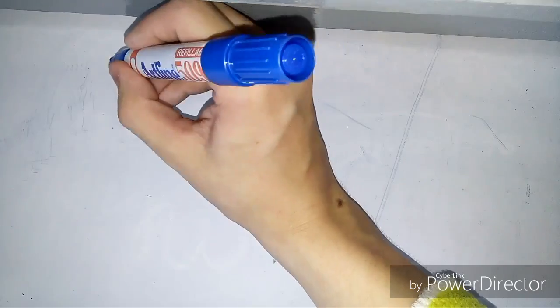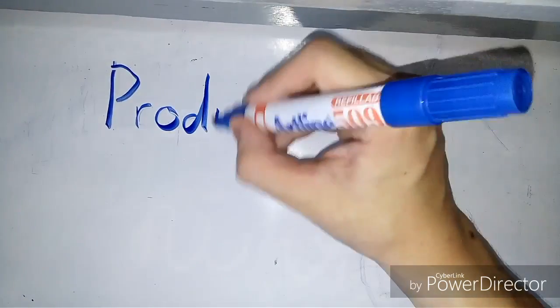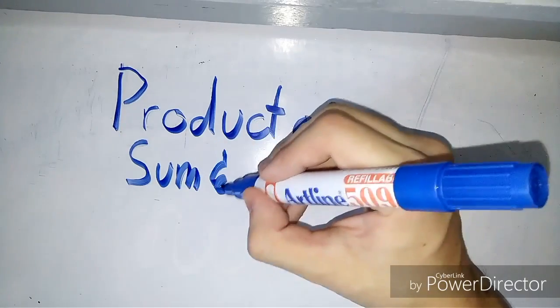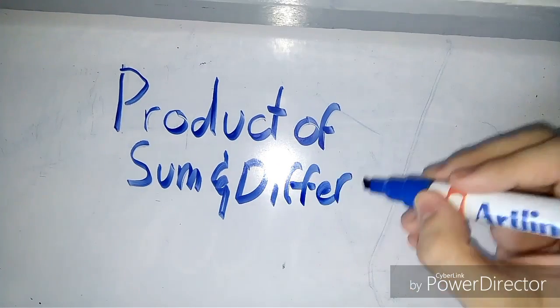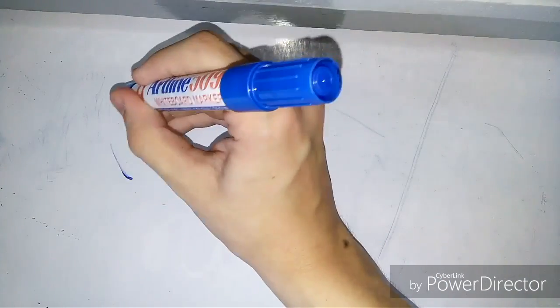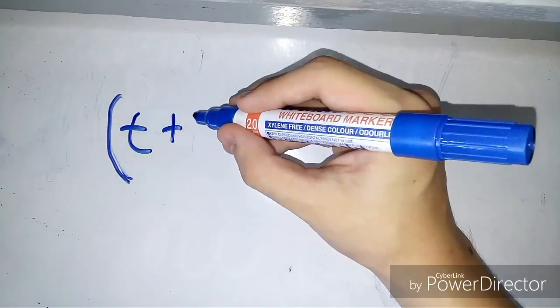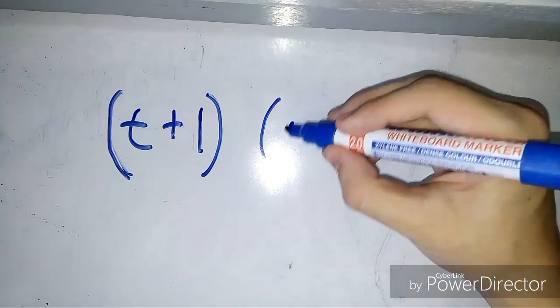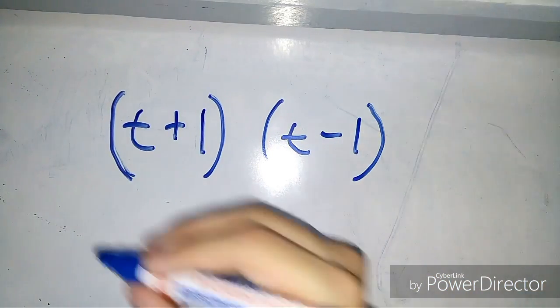So let's get started. We'll start with the easy one, called the product of sum and difference. We'll be using the example of the quantity of t plus 1 and the quantity of t minus 1.